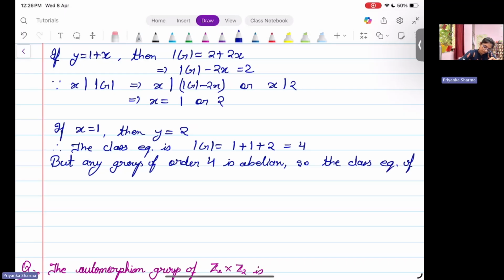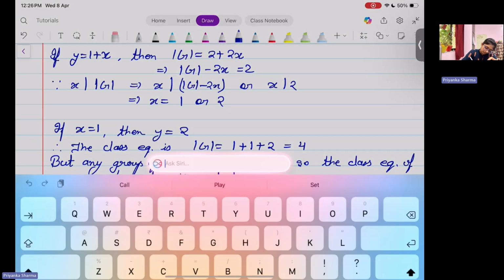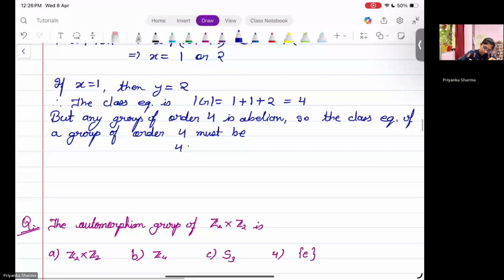The class equation of a group of order 4 must be 4 is 1 plus 1 plus 1 plus 1, because there cannot be any conjugacy class having two elements.